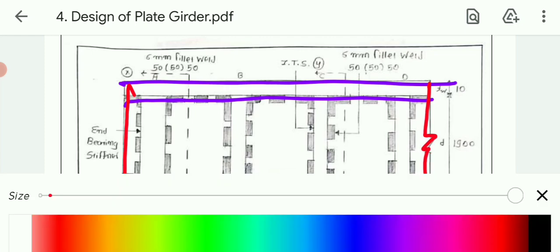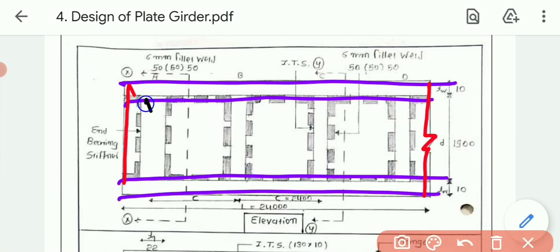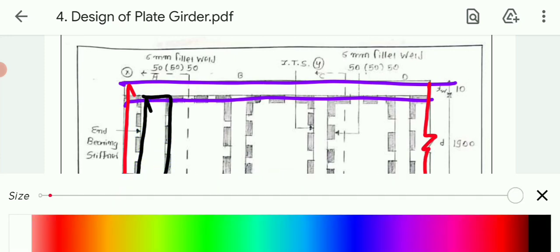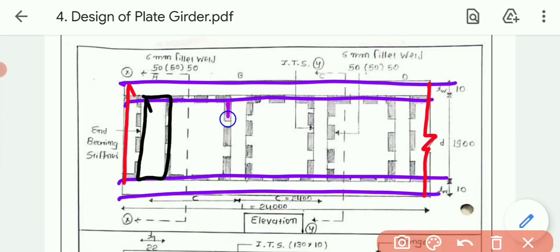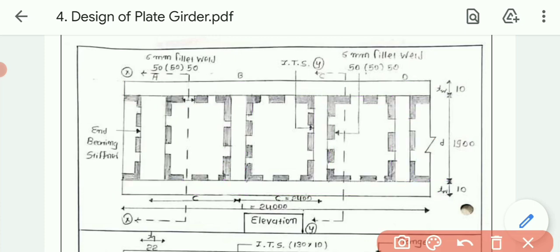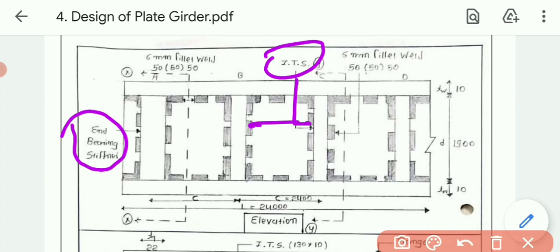Okay, and we are providing, first of all, this one is our end bearing stiffener, which is provided at the end, while the remaining ones are our ITS. These are our ITS, and we have provided the welding. For that one you can see all the notation over here, the bearing stiffener. Okay, then ITS, that is this one, and this one also, and this one also.